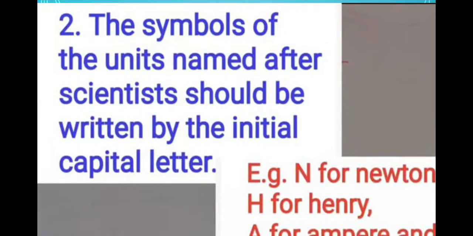Example, newton, henry, ampere and watt. The first letter starts with small letter. The symbols of the units named after scientists should be written with the initial capital letter. Example, capital N for newton, capital H for henry, capital A for ampere, capital W for watt.